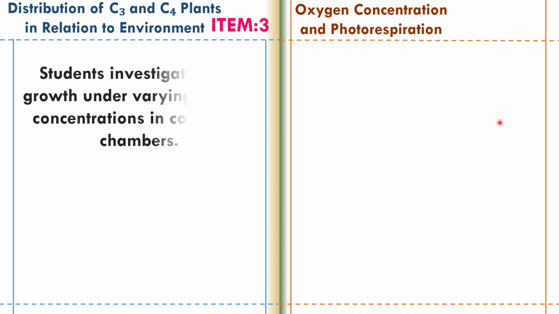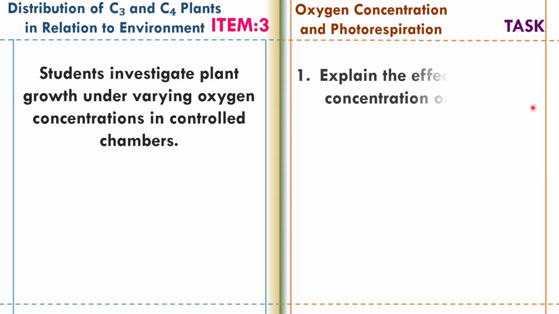Still under distribution of C3 and C4 plants in relation to environment, item 3. We are focusing on oxygen concentration and photorespiration. Students investigate plant growth under varying oxygen concentrations in controlled chambers.